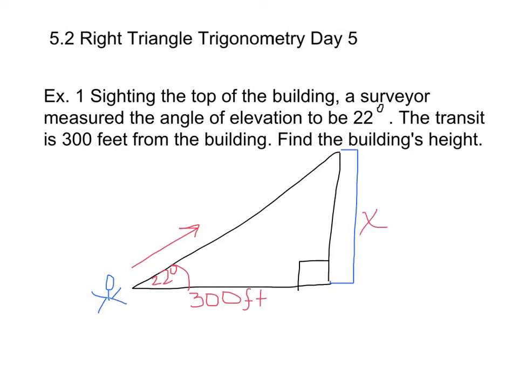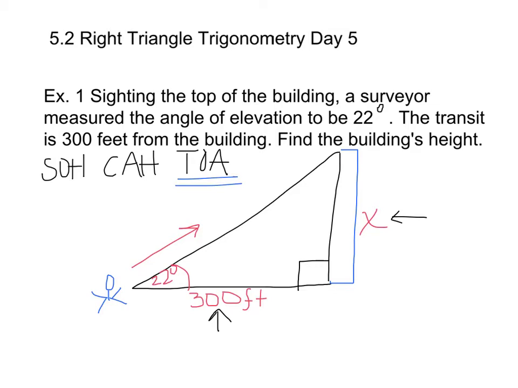So you look and see from our trig functions, should we use sine, cosine, or tangent to find the building's height? So if you notice, according to the angle 22 degrees, this is adjacent, but we need the opposite side. So that means we are doing tangent.